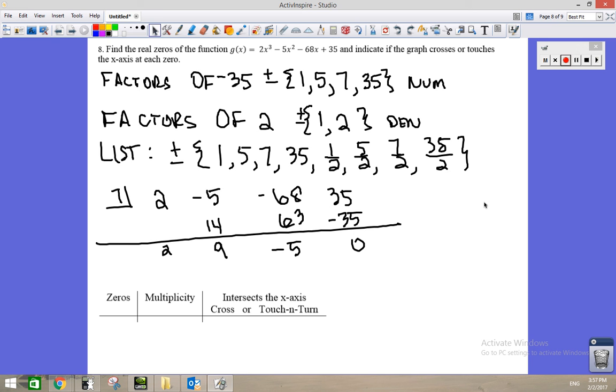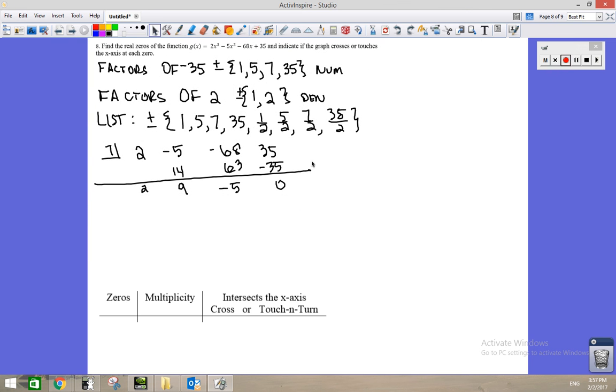Alright. So that means that I can factor this original polynomial. So this g of x that they gave me, I took 7 from my list and said that, hey, I believe that x minus 7 is a factor of this. And when you divide this original polynomial by x minus 7, you get 2x squared plus 9x minus 5.